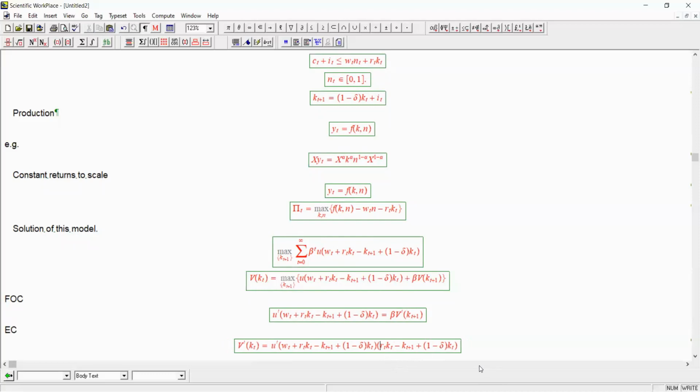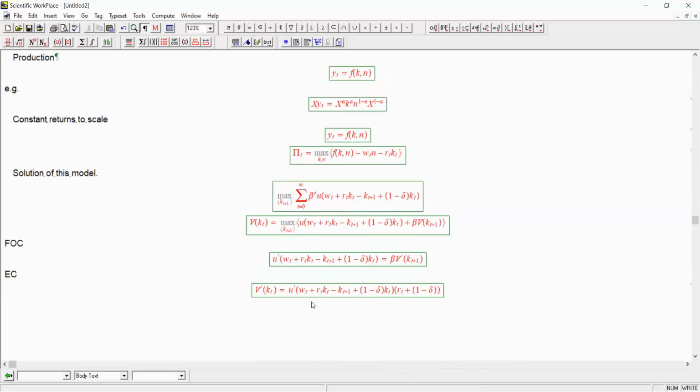The derivative of rk with respect to k is r. This doesn't show up. And the derivative of 1 minus delta k with respect to k is k. So, here you go. The Euler condition is the marginal utility tomorrow times the interest rates and taking account of depreciation.